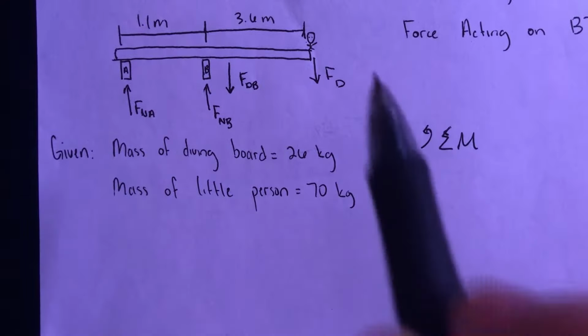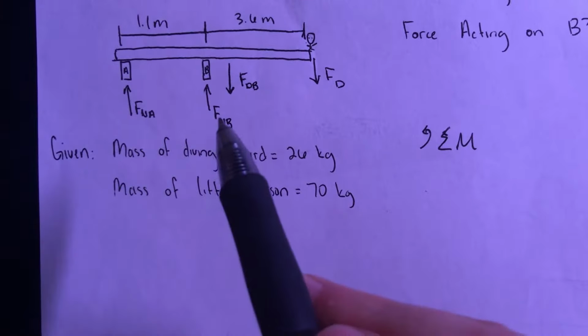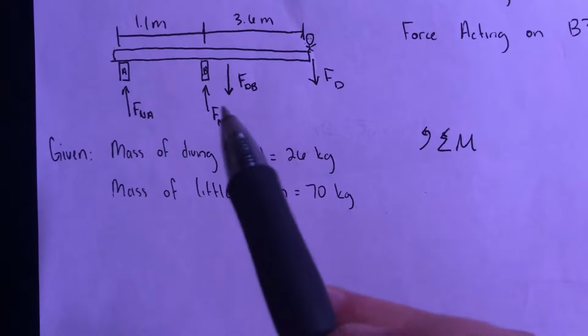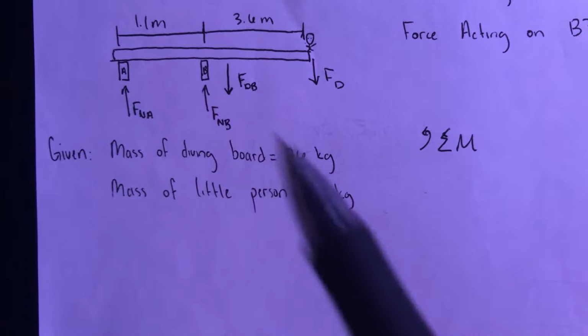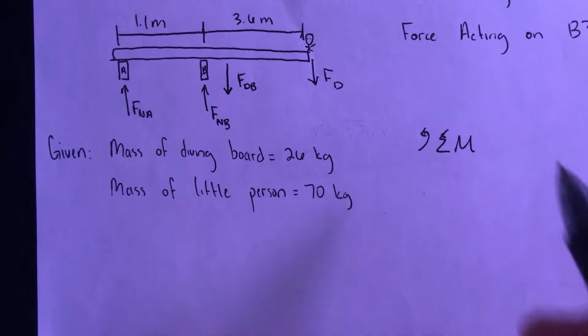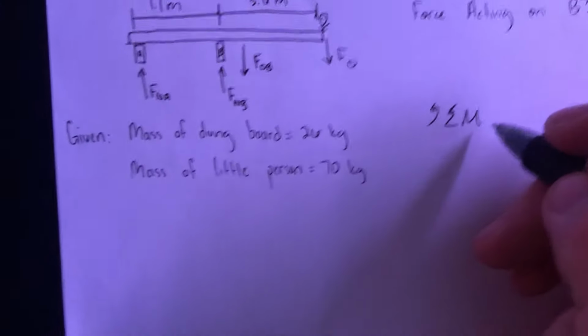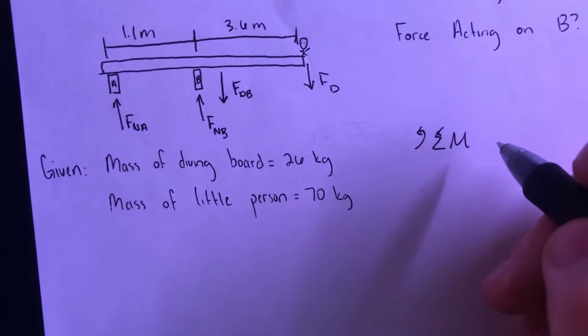If the force acting down makes it move clockwise at the point you're finding it from, then it will be negative, and vice versa. If it works up and makes it move the opposite direction, then it will be positive. So we'll find the moment at point A, and that will allow us to find it at point B.